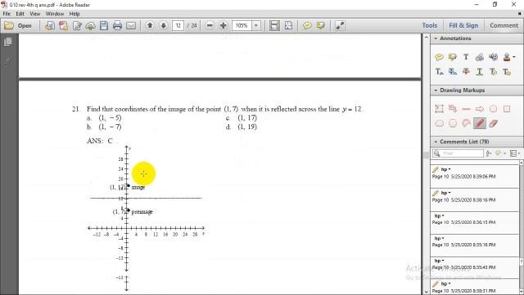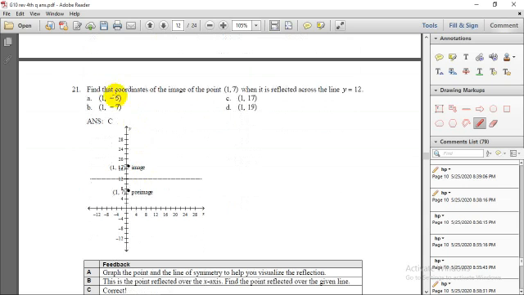Okay? Again, another one. Find the coordinate of the image of this point. What I'm going to do, this is the y. And here the line is 12. So I'm going to get the difference or the distance. 12 minus 7 will be what? Will be 5.